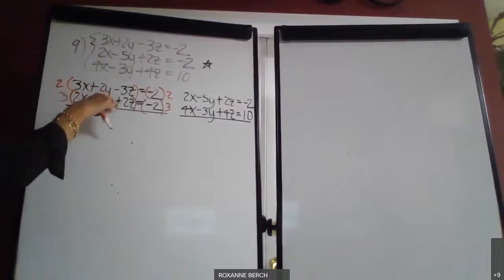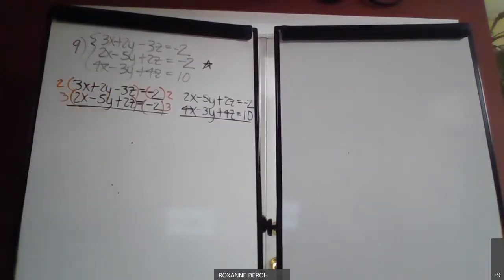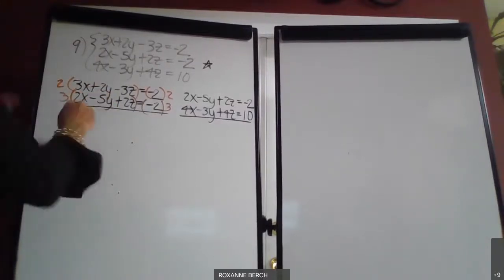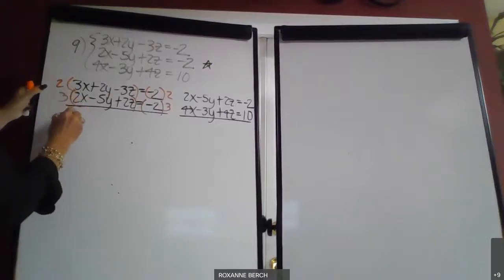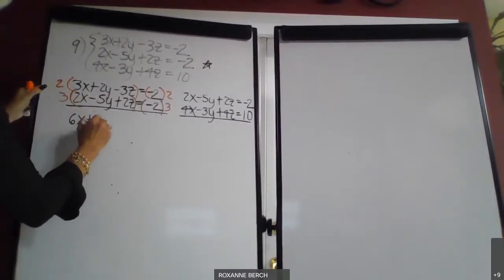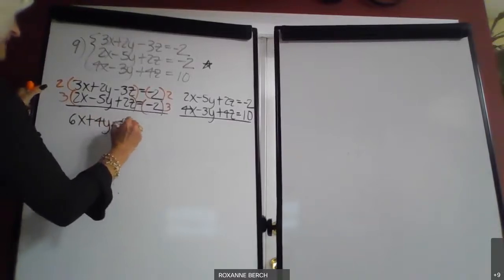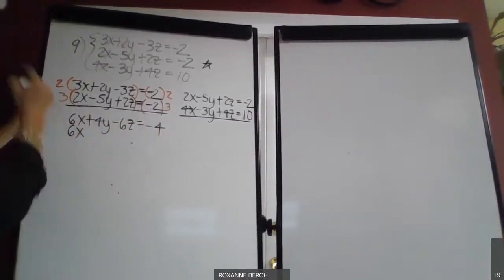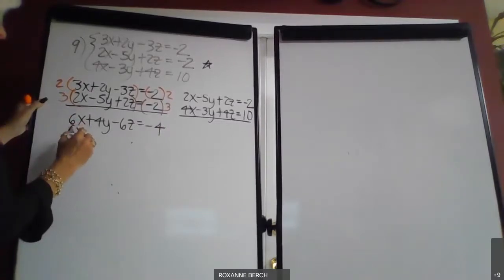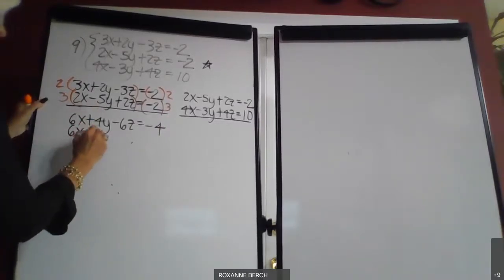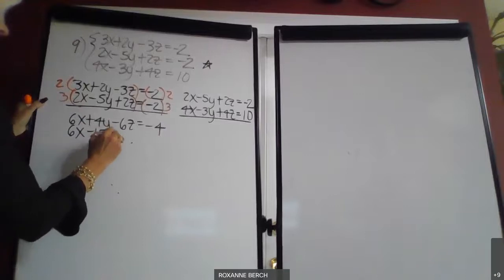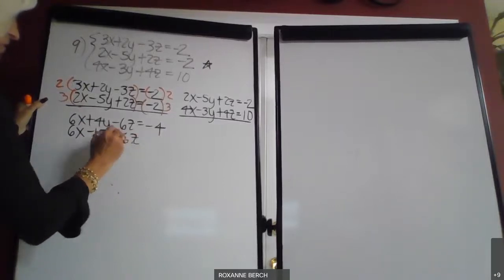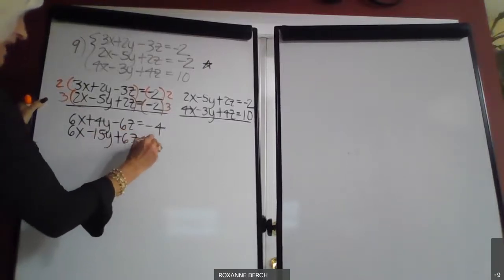Remember, we're trying to get opposites for the z. So when you distribute, you get 6x plus 4y minus 6z equals -4, and 6x minus 15y plus 6z, so see the true opposites there, equals -6.